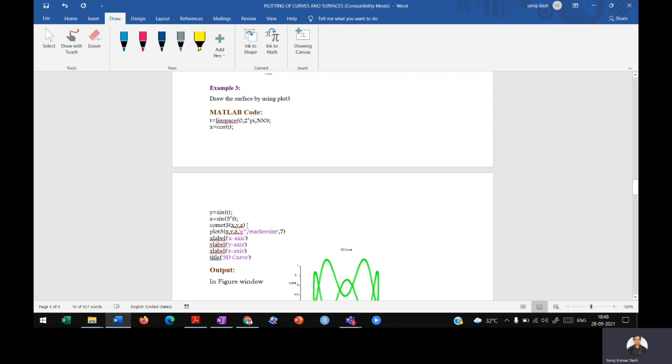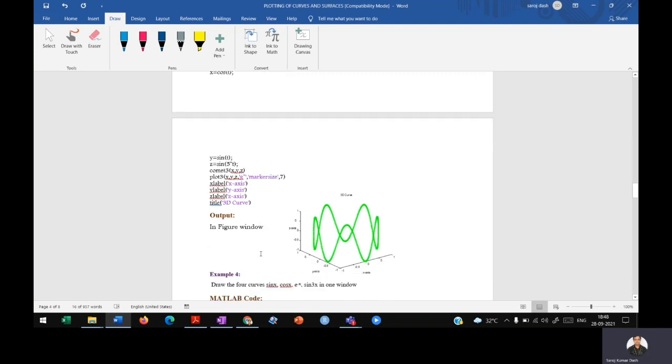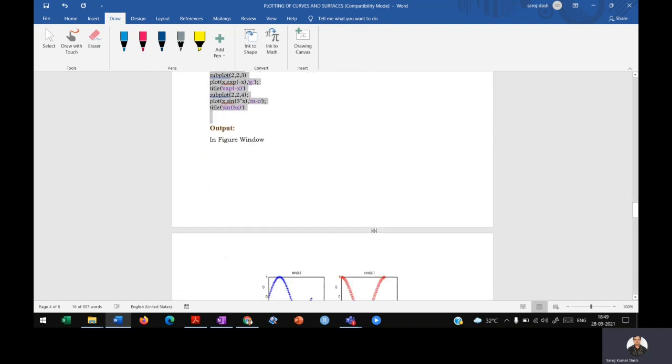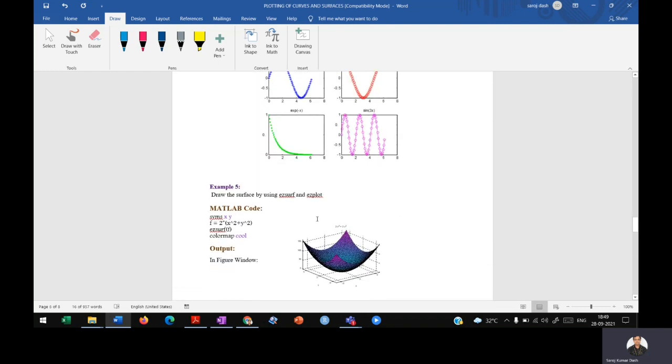So plot3 x, y, z with marker size 7. Marker size tells how thin or how large the marker will be. We define the x label for the x axis, y label for the y axis, z label for the z axis, and the title is 3D curve. When you run it, we get this figure. That's easy, and it's not that useful. So what is useful?